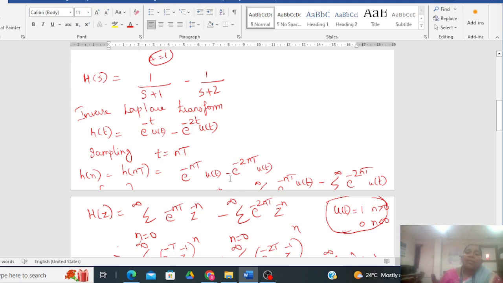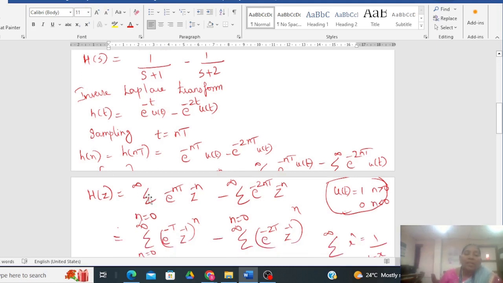Since you have u of t, it is already defined. It is 1 for n greater than or equal to 0, 0 for n less than 0. So in that case, the limit will change from minus infinity to infinity to 0 to infinity because of this unit step function. So the expression is summation n equal to 0 to infinity e power minus nT z power minus n, minus summation n equal to 0 to infinity e power minus 2nT z power minus n.